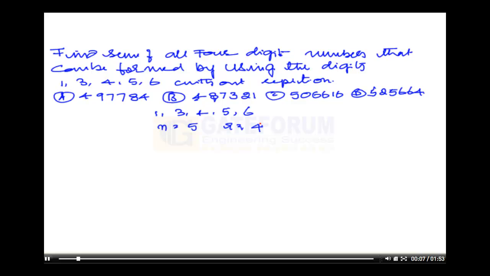We are given digits 1, 3, 4, 5, 6, that is 5 digits, and we have to find the sum of all 4 digit numbers.